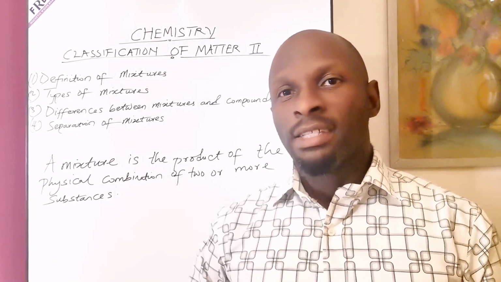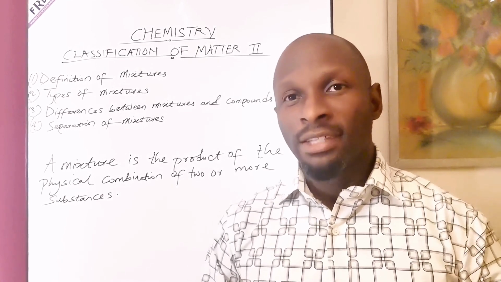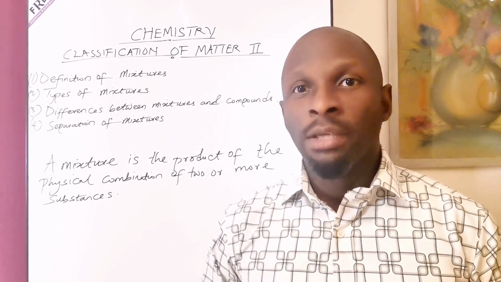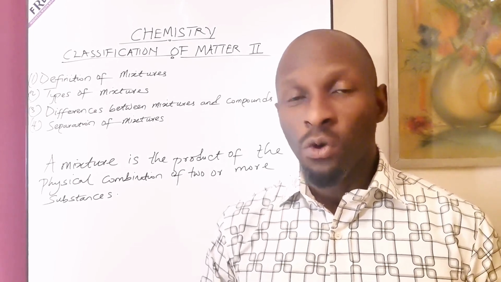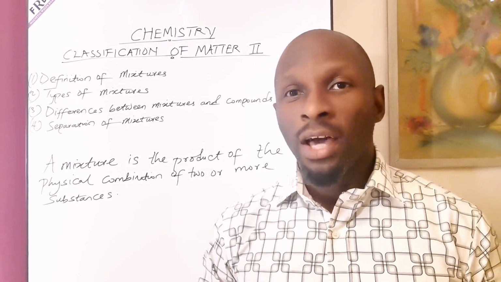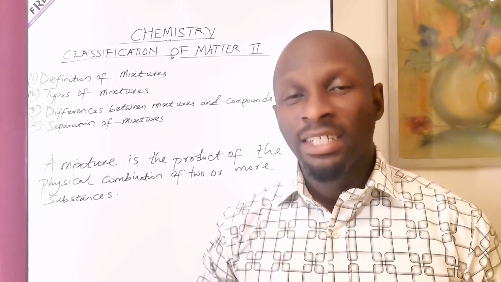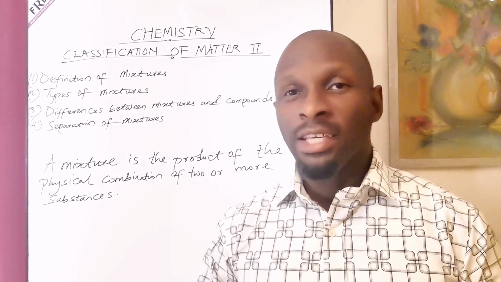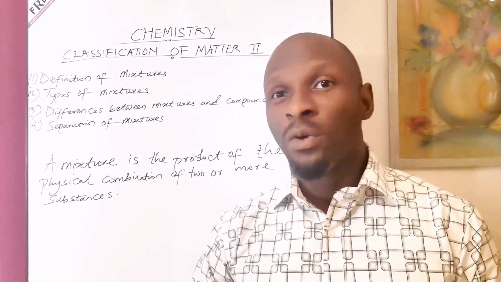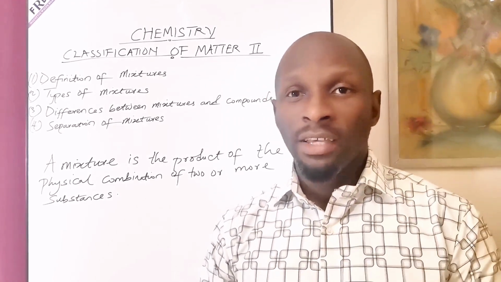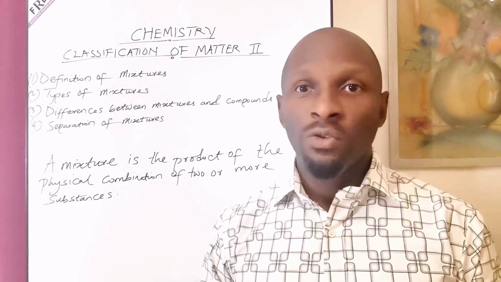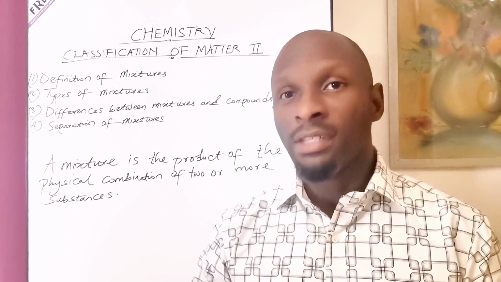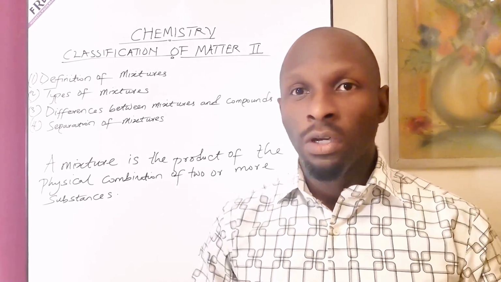Now, what are the examples of mixtures that we know? Common examples include the milk that we use in our homes, the cola that we drink, the seawater, okay? Because the seawater is made up of what? Salt and water and other little things that you find in it, little substances that can be seen even with the microscope, okay?